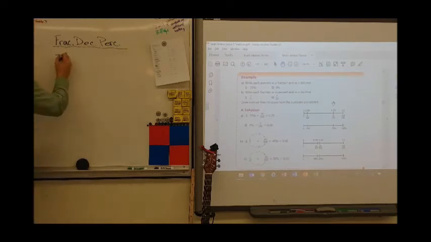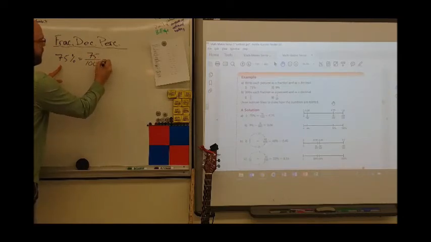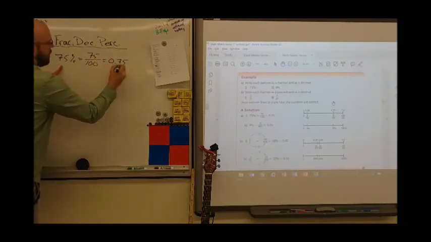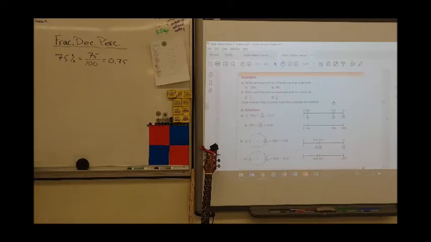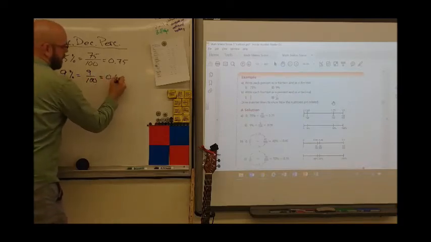Then we had 9%. That would be 9 out of 100, or 9 hundredths. So I have a 9 in the hundredths spot. And here it shows step by step how you can do that: 75, 75 over 100, 0.75 or 75 hundredths; 9%, 9 over 100, and 9 hundredths.